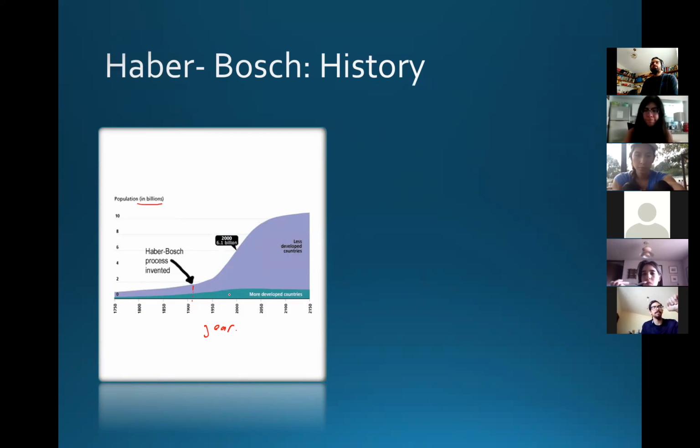If you see this turquoise line, it says more developed countries. The population in those countries has risen, but not too much, and from 2000 on it's almost constant. But in less developed countries, where food was scarce before the Haber-Bosch process was invented, now we have the means to produce food for anybody.